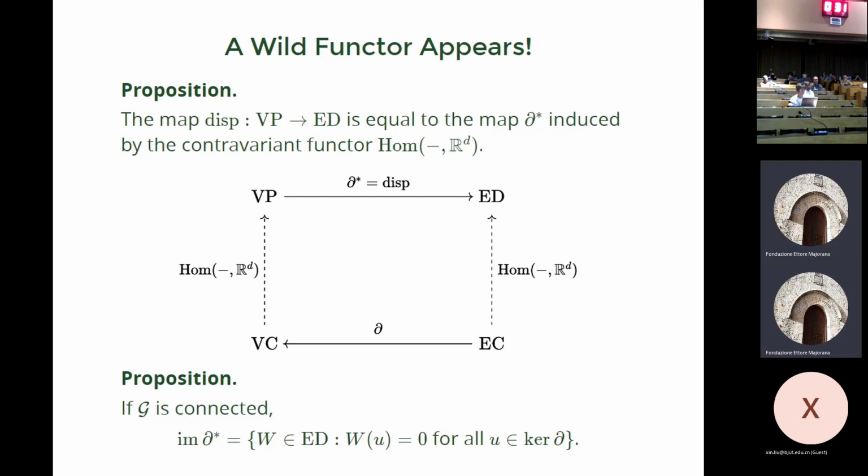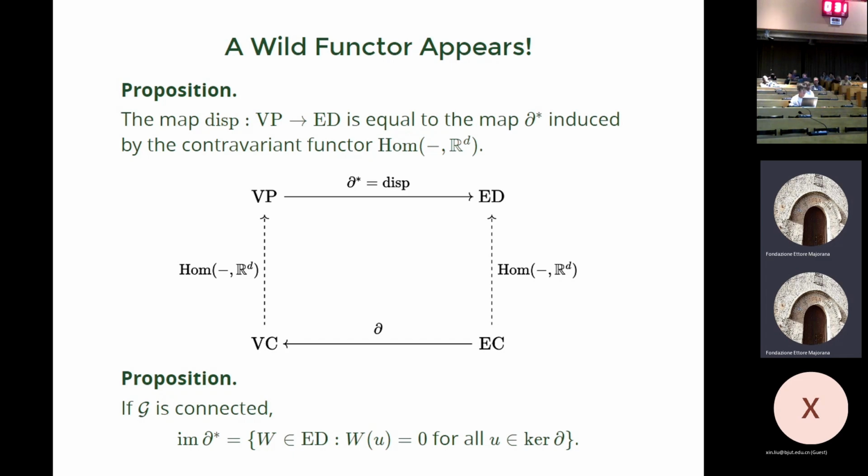Okay, and in particular, if my graph is connected, then the image of this map here is exactly the edge displacements which evaluate to 0 on any cycle. So they're exactly the things that correspond to actual embeddings of your graph. If this doesn't happen, if you have some cycle but the net displacement as you go around the cycle is not 0, you have not embedded your cycle into space correctly.